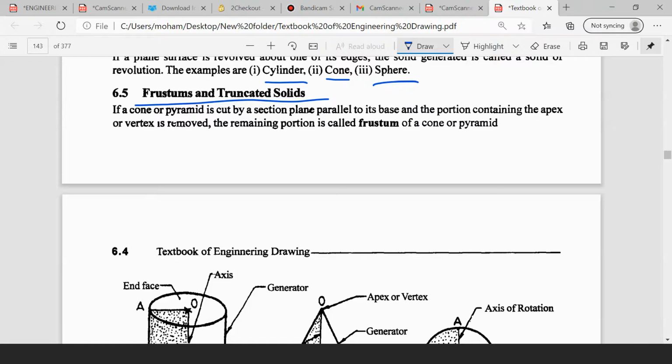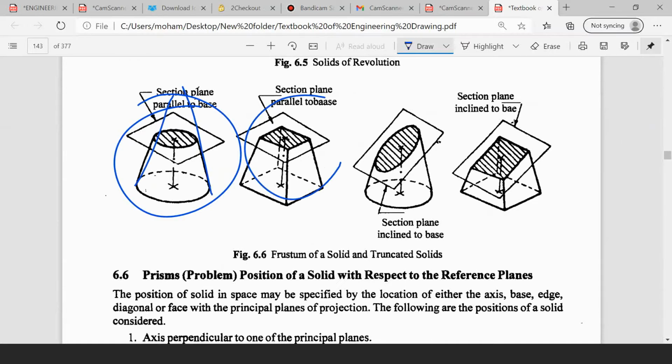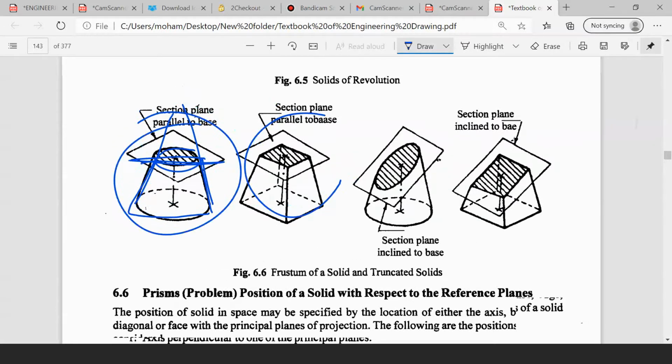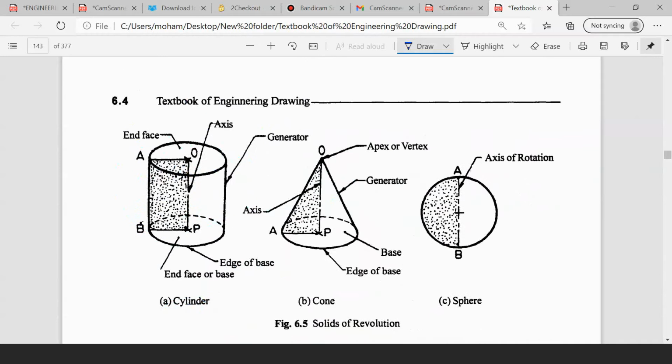The remaining portion is called a frustum of a cone or a pyramid. I will show here. The cone is like this. You are cutting with a section plane. If you remove the top portion above the section plane, the remaining portion is known as a frustum of a cone. Understand?